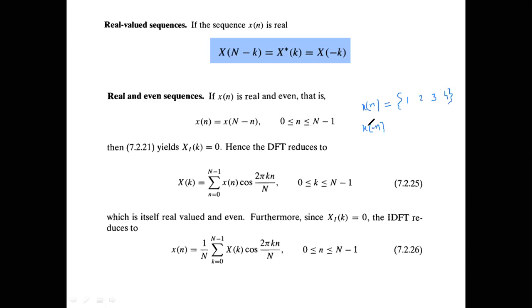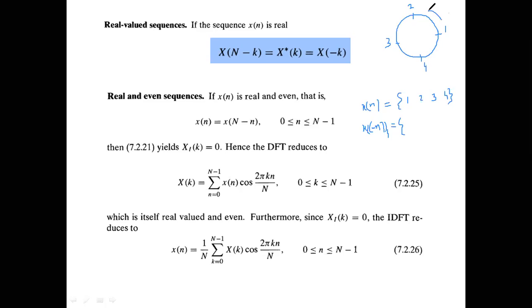Now what will be x of minus n? To find x of minus n, first I have to draw a circle. Then I mark the values 1, 2, 3, 4 in the anti-clockwise direction.